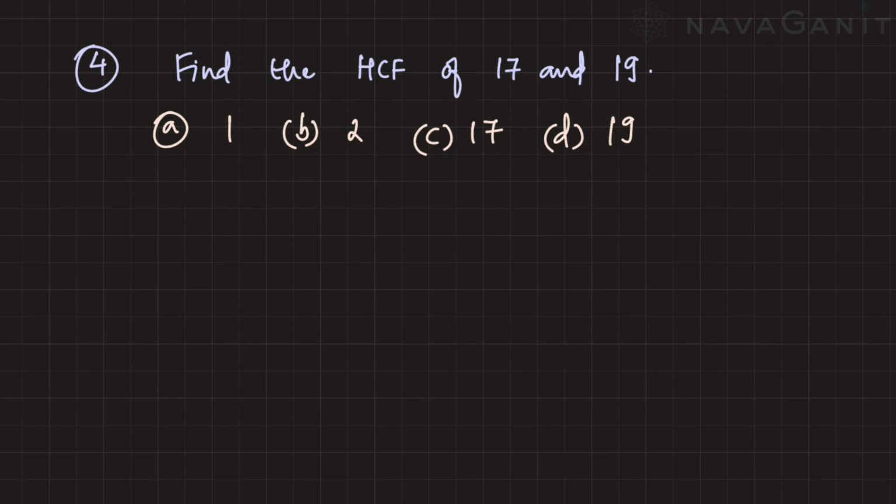Next, we have to find the HCF of 17 and 19. So notice that both 17 and 19 are prime numbers. So the highest common factor of both the numbers would be 1.